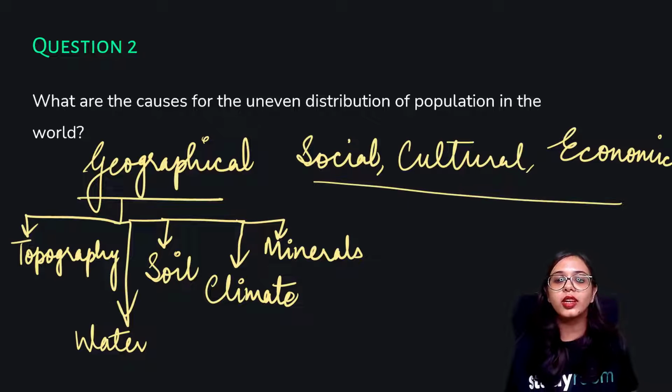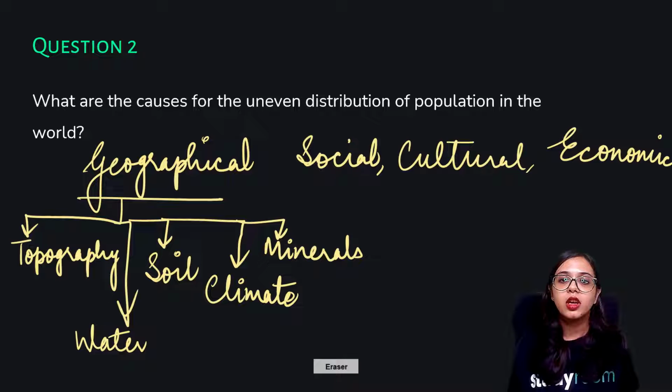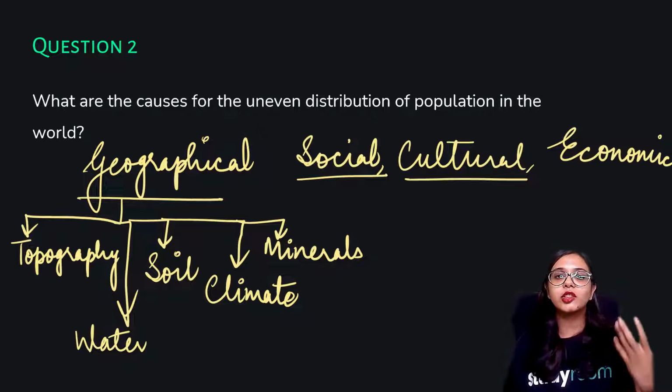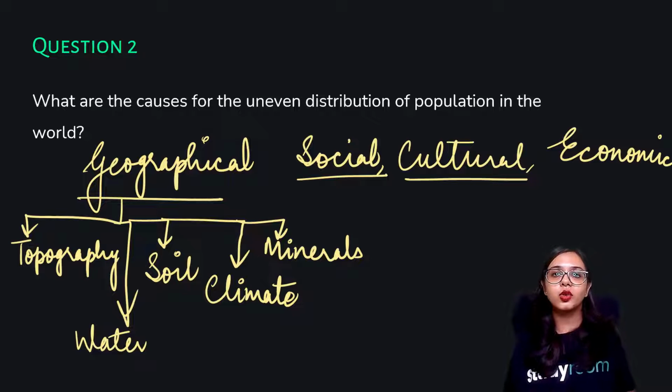Then social, cultural, and economic factors are also very important. Social factors have to be taken into account, because one has to think about housing, education, better medical healthcare, etc. Cultural significance is also important, because religious, spiritual and cultural significance is taken into account.